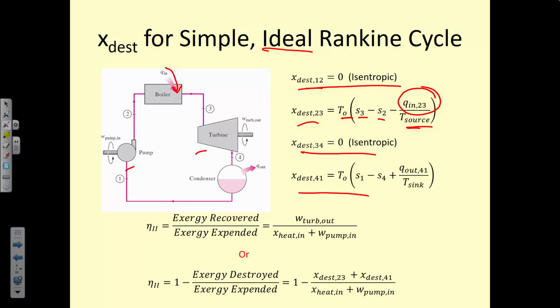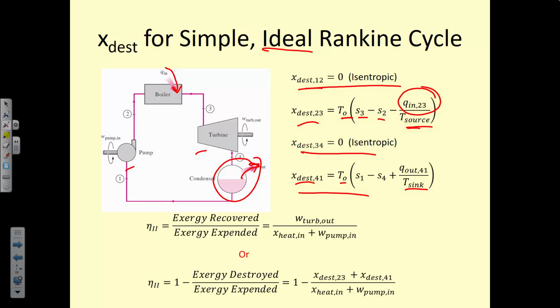The second part of this, if we're looking at our condenser where we have a Q out, we can calculate the exergy destruction in the condenser due to that heat transfer with the environment. And again, T naught is the temperature of the dead state, where T sink is the temperature to which we are depositing that heat, which in many cases is the same as the temperature of the dead state because we're just getting rid of the heat to the environment.